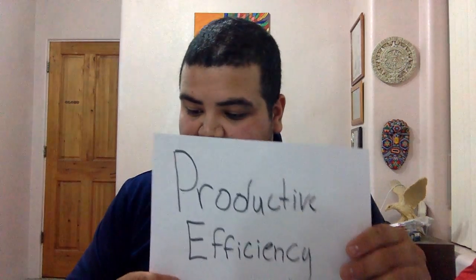That leads me to my next key concept, which is productive efficiency. Productive efficiency means we produce one good or service without decreasing the quantity produced of another good or service.